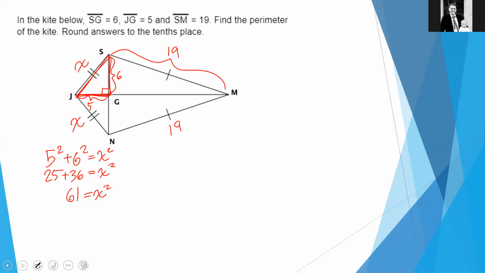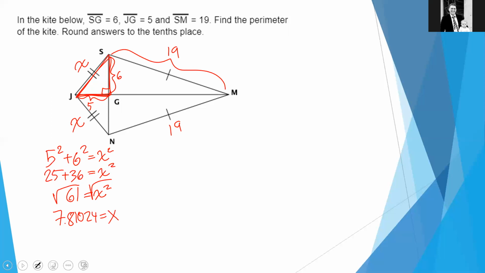Again, I need to take the square root of both sides in order to solve. So that's going to give me 7.8102, and so on, for my value of x.